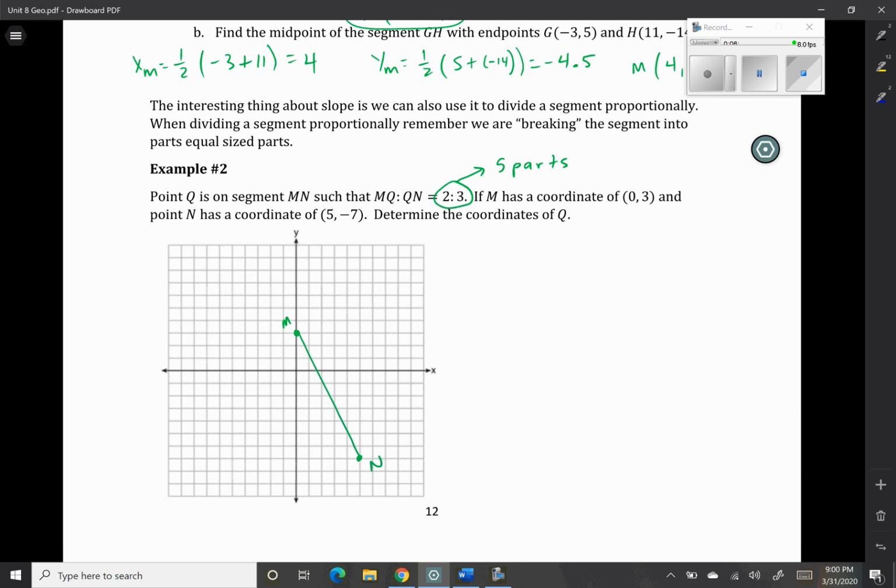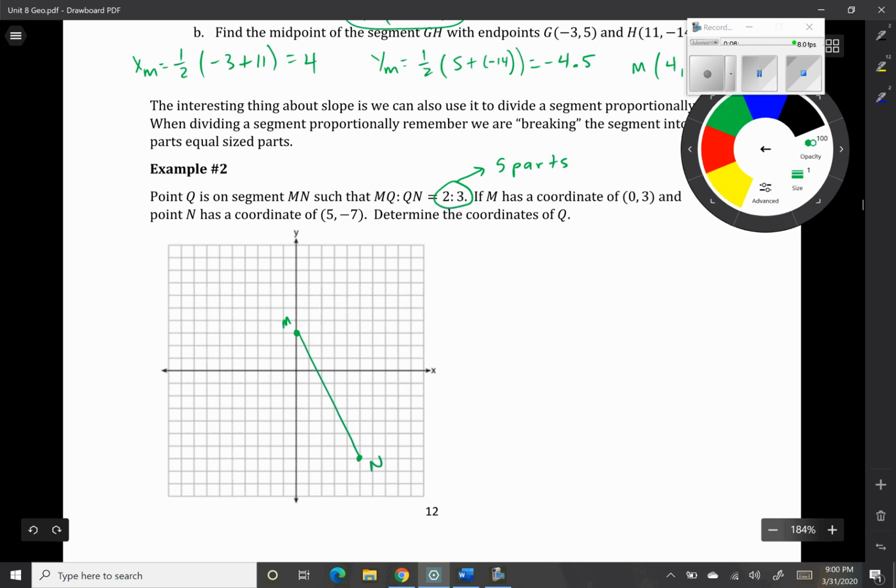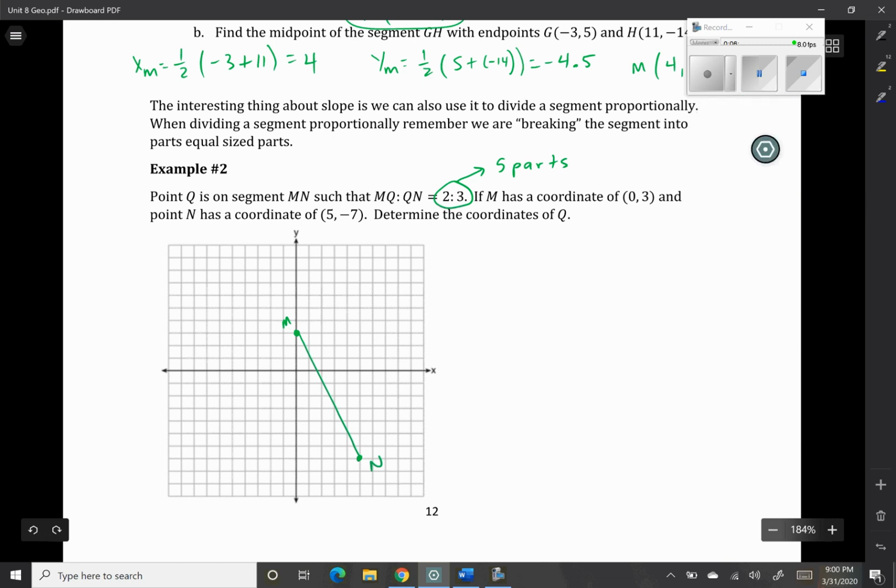Now to do that, I'm going to use slope. So I'm going to say, all right, to get from M to N, I'm going to have to go to the right and down a certain number. I'm going to go to the right 5, and I'm going to go down 10. Notice I'm saying negative 10 because I'm going down 10.